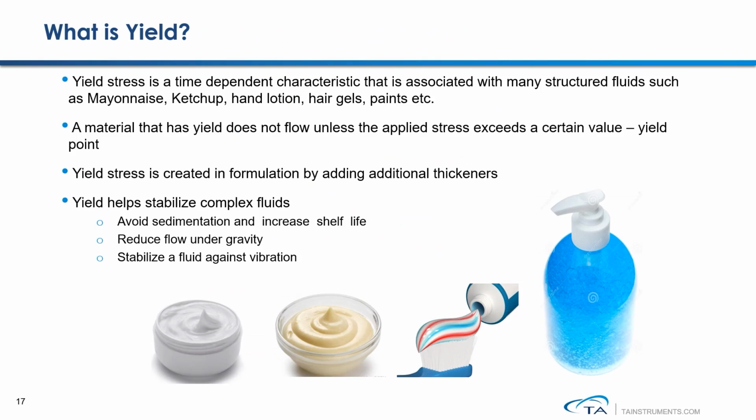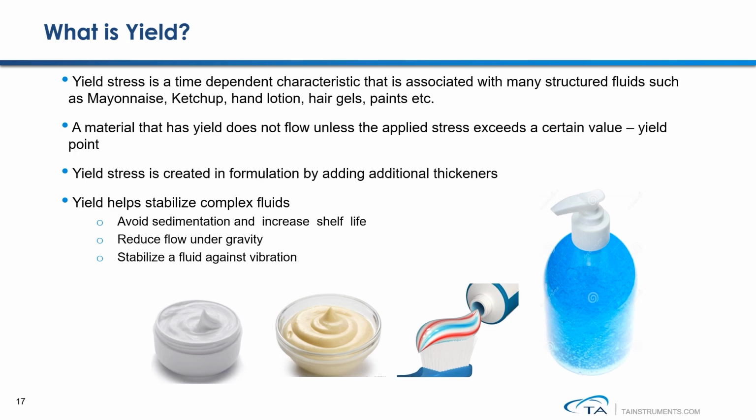As we have discussed before, all structured fluid samples exhibit a specific yield stress. Then what is yield? Yield stress is a time-dependent characteristic. It is associated with many structured fluids such as mayonnaise, ketchup, shampoo, or lotion. A material that has yield does not flow until the applied stress exceeds a certain value, which is the yield stress.